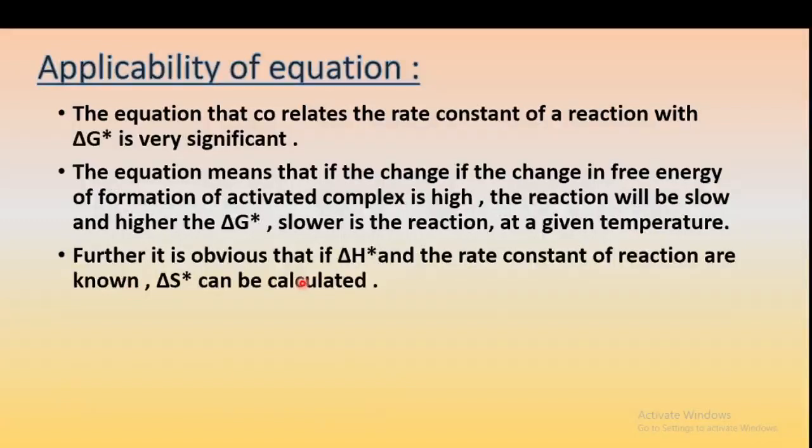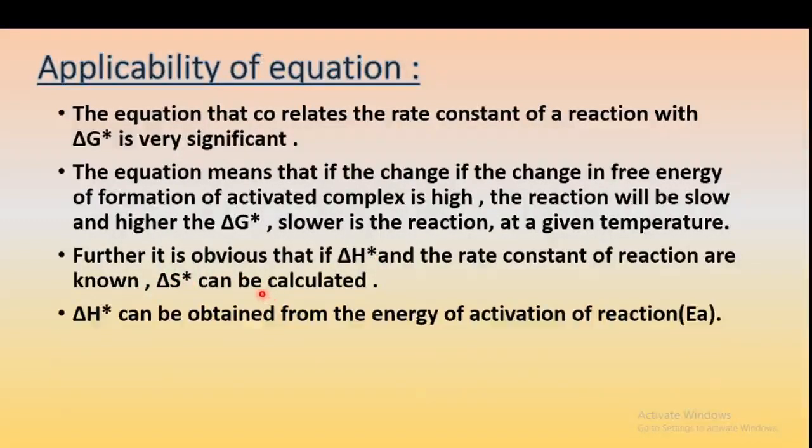And further it is obvious that if delta H star and the rate constant of the reaction are known, then we can calculate the delta S star. From that equation we can calculate the entropy change for the activated complex, and delta H star can be obtained from the energy of activation of a reaction, that is Ea.